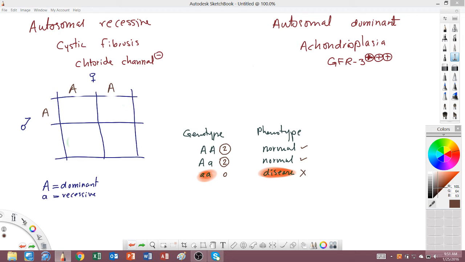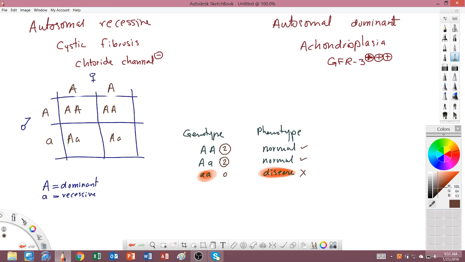Let's do one more type. The next type is, let's say the mom has a small or diseased allele, or dad. In this case, 50% of the children are genotypically carriers and 50% are homozygous dominant.